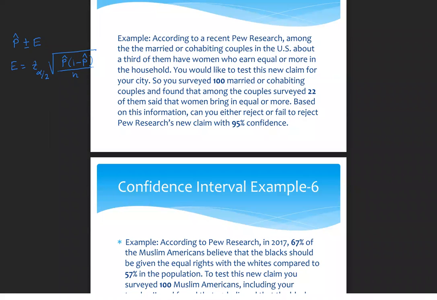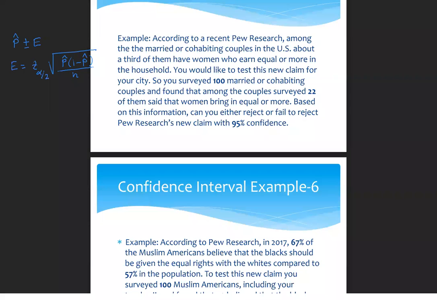According to a recent Pew Research, among the married or cohabiting couples in the US, about a third of them have women who earn equal or more in the household. So among the cohabiting couples, about 33%, or a third of them, have a spouse who makes more than the other spouse.